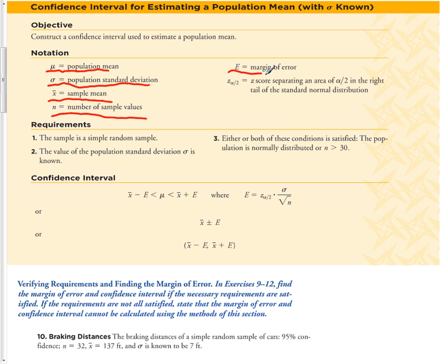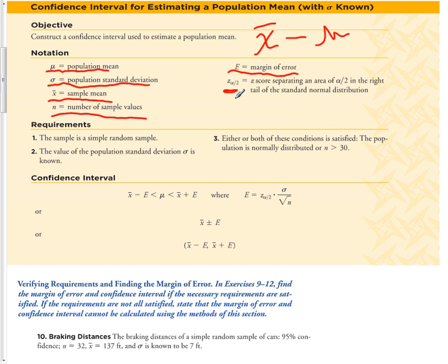E, once again, is the margin of error, which is the maximum likely distance from the point estimate x bar to the population parameter mu. The z of alpha over 2 is still our critical value, which is the right tail of the standard normal distribution having alpha over 2. So that's still the same.